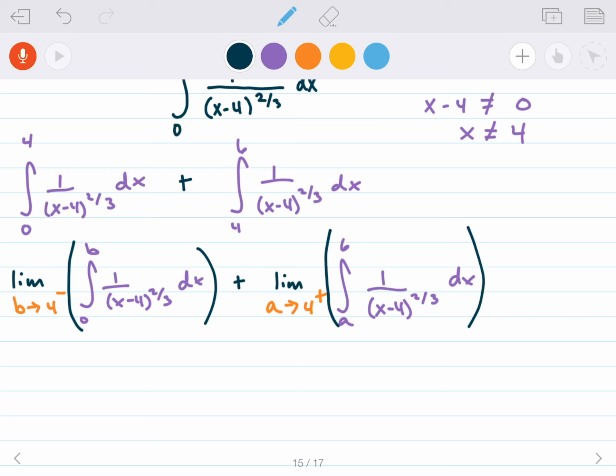So I'm going to actually do a u substitution, which I'm now calling w. So I'm going to let w equal x minus 4, and therefore dw is just equal to dx, taking the derivative of both sides. So let's replace that.